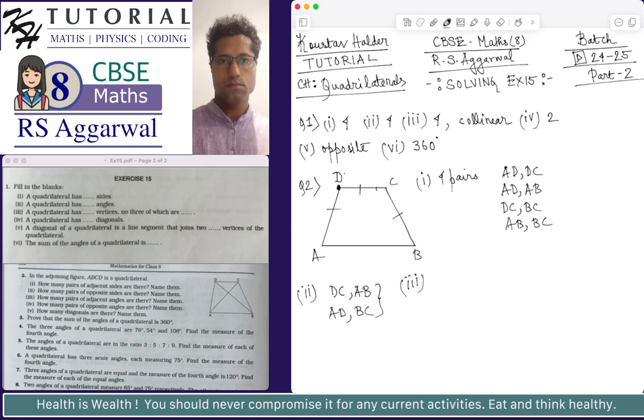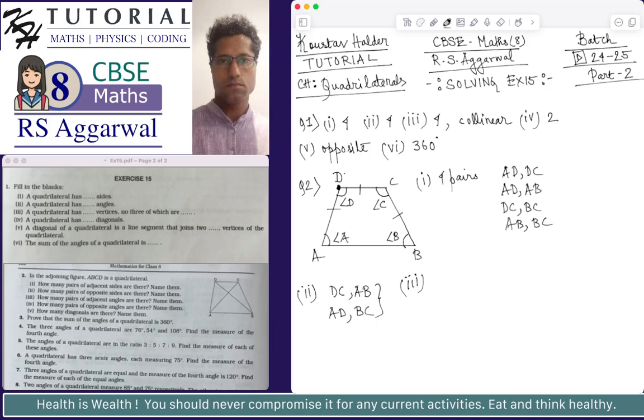So this is angle C, this is angle B, this is angle A, and this is angle D. These are the four angles of the quadrilateral.